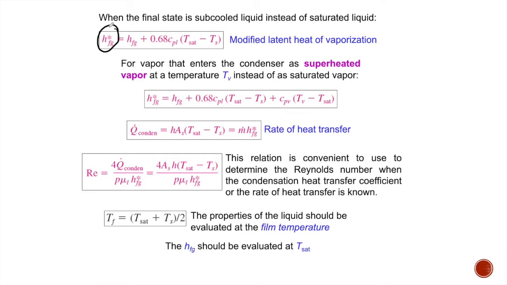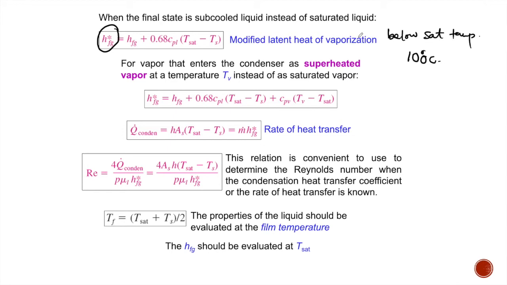Now the first hfg here, the modified latent heat of vaporization, is for the liquid that is below saturation temperature. So you want to condense the vapor, and the liquid is below saturation temperature. For example, you have 100 degrees Celsius, and then your liquid is below 100 degrees Celsius.